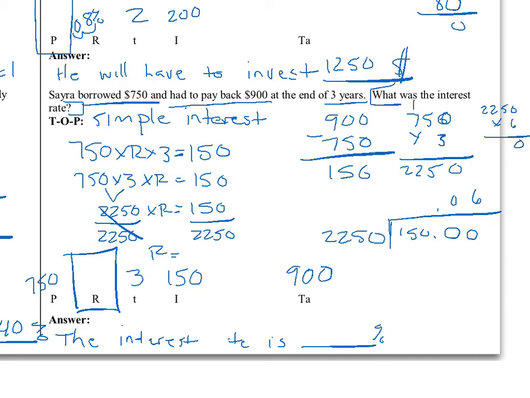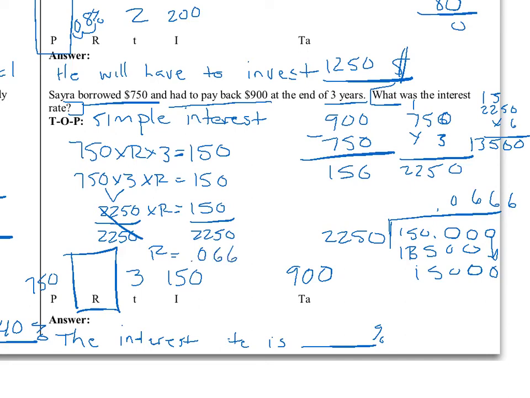Zero, carry the 3, is 5, carry the 1. 13,500. And when I subtract, I'm going to get 1,500. And so it looks like when we bring down the 0, this is going to end up repeating. So we get 0.066 repeating.